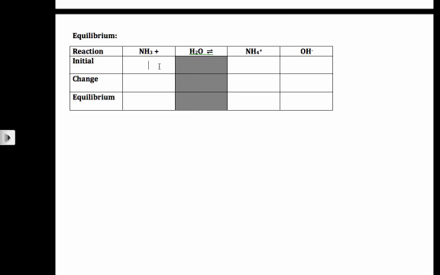Now, left over for my ammonia, I had 9.86 times 10 to the minus 3, not worried about the water. I had 6.57 times 10 to the minus 3 ammonia, and I had no hydroxide.